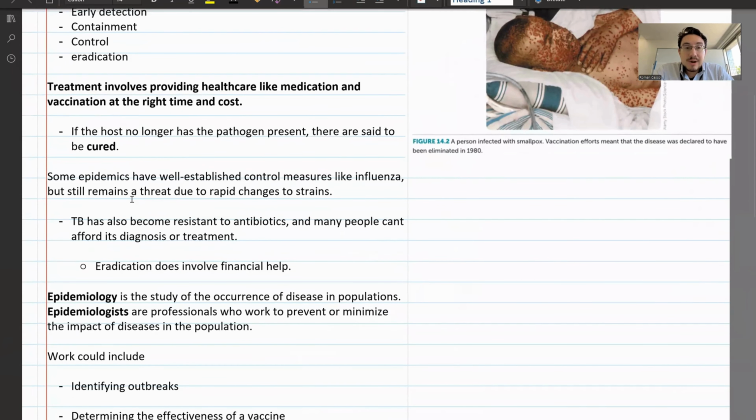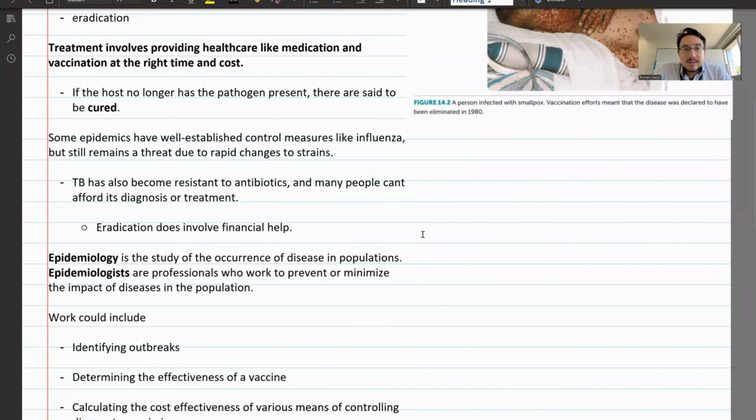It still remains a threat, like I mentioned before, because influenza is a virus, and viruses are subject to rapid changes in their DNA, right? So what could work doesn't work anymore, or isn't as efficient. So scientists have to be creating improved, up to date vaccines, right?